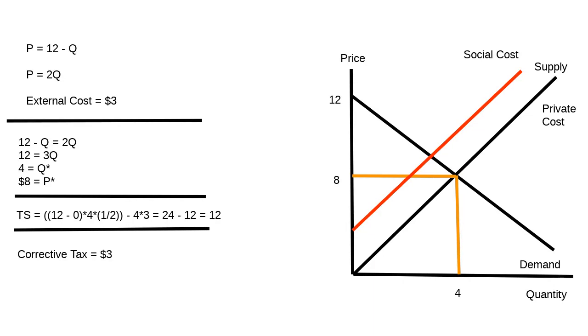And the demand curve we can call the private value curve, to really emphasize the point. So we know that we're going to shift this curve up the size of the tax. So the y-intercept of the social cost curve should be 3 because we shifted it up 3 units. It was at the origin, now it's 3 units higher.